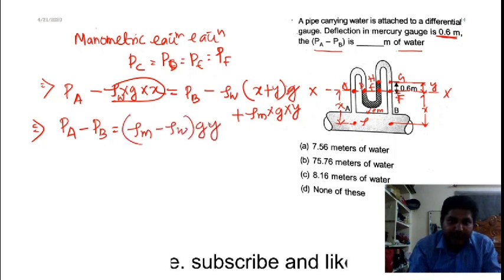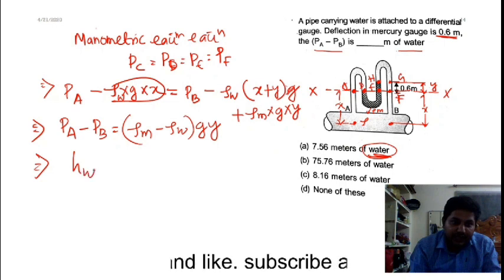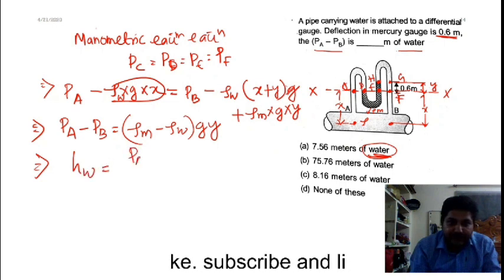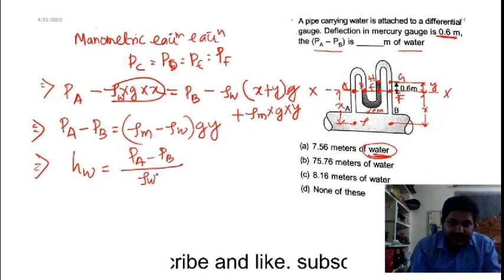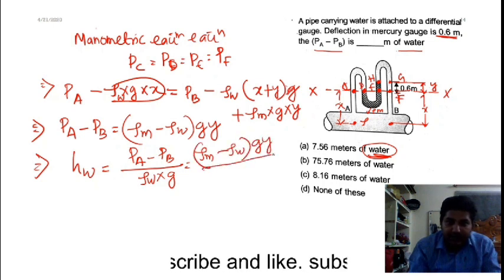But it is asking in meters of water. So the equivalent height of water will be equal to the pressure difference between point A and point B divided by density of water into g. So I can write rho m minus rho w into g into y divided by density of water into g.